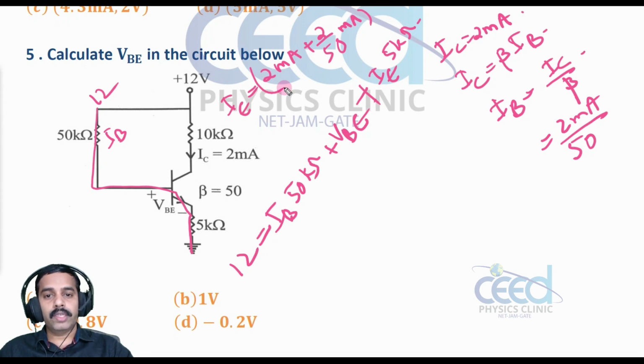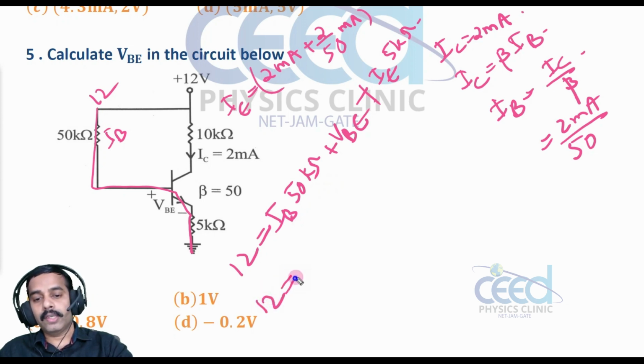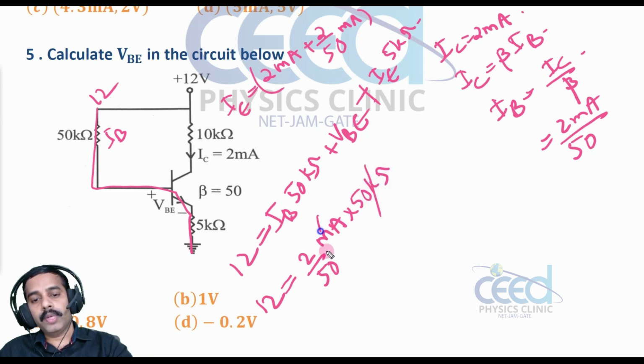So we can solve this VBE. Let me substitute all the values here. 12 is equal to, what is IB? That is 2 by 50 milliampere into 50 kilo ohm. Kilo ohm and milliampere cancel.